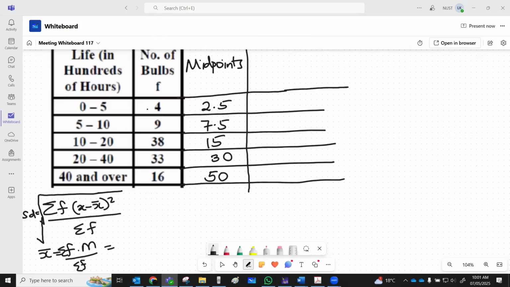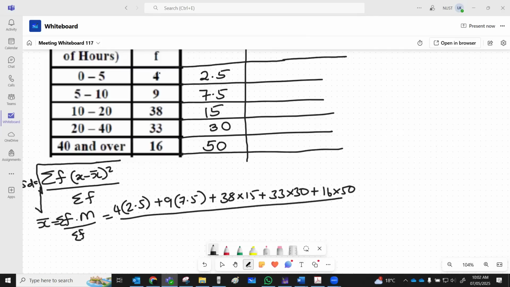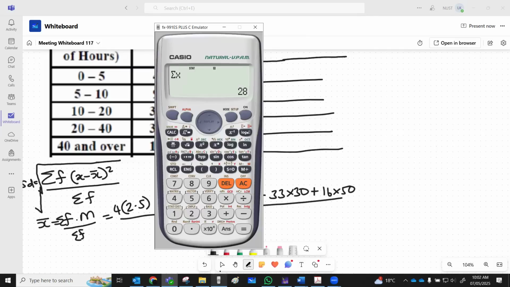So doing that, we say 4 multiplied by 2.5 plus 9 multiplied by 7.5 plus 38 multiplied by 15 plus 33 multiplied by 30 plus 16 multiplied by 50. And this is all divided by our total frequency, the sum of all of these.